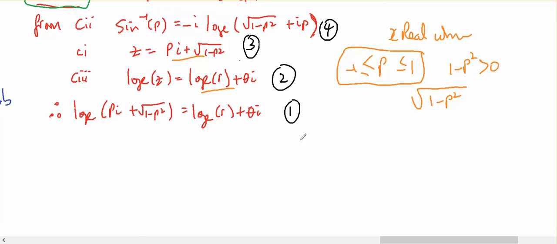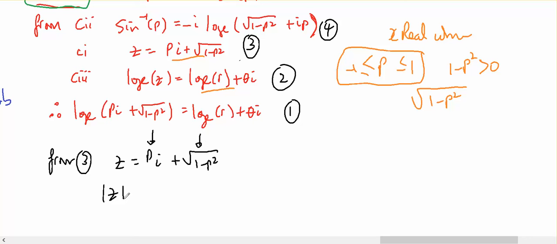So from part 3, z equals p plus i times the square root of 1 minus p squared. That's the real component, that's the imaginary component.